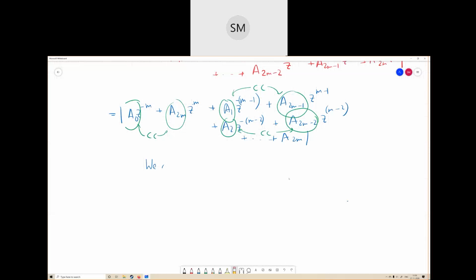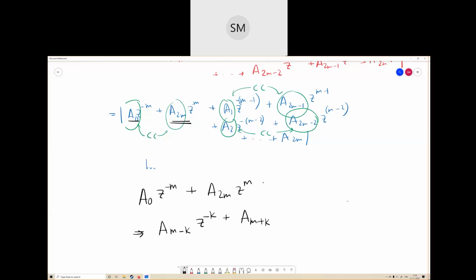We had up to this, okay. So now we take this one. These two are complex conjugates of each other. So how can we write them? A to the power of minus m z to the power of minus m plus a to the power of 2m z to the power of m, okay.